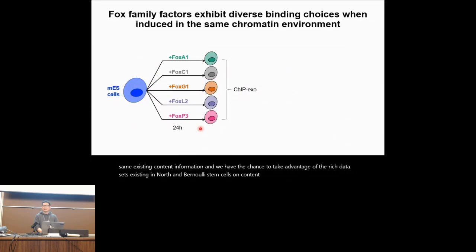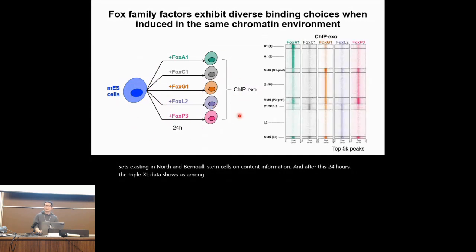After 24 hours, the ChIP-exo data shows us that among the top peaks, these five FOX family factors have very distinct binding choices. This suggests that even under the same chromatin environment with a very similar DNA binding domain, they still choose to bind to different sites based on their preference.